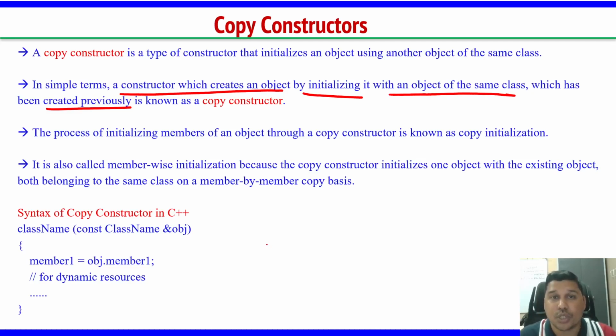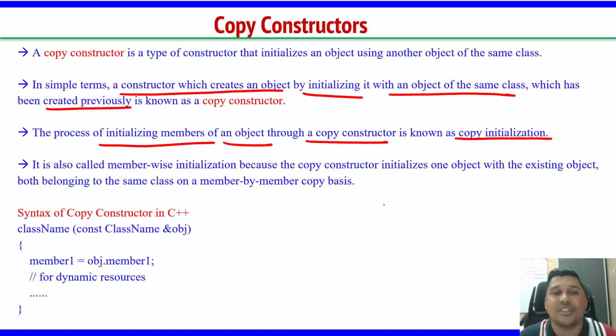Only then can the contents of that object be assigned to this new object. Okay, the process of initializing members of an object through a copy constructor is called copy initialization. It is also called member wise initialization.